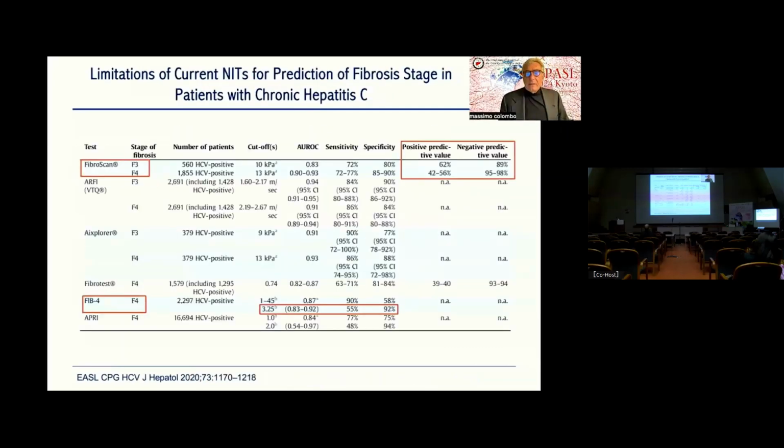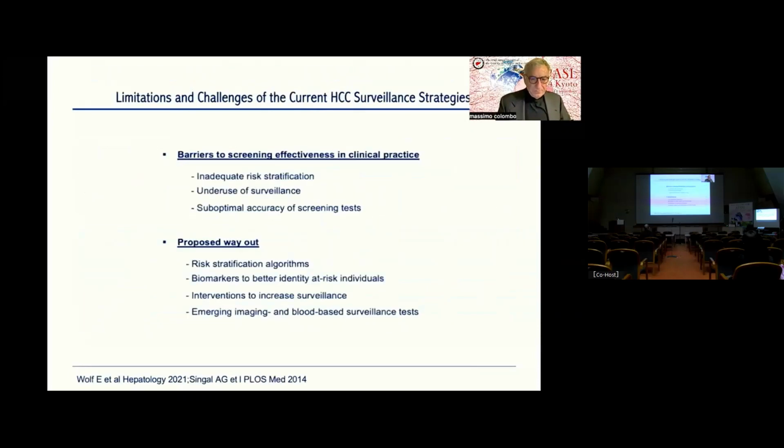However, in making the diagnosis of severe liver disease using surrogate markers like FibroScan and FIB-4, you incur a number of flaws, because these two markers have a suboptimal positive predictive value, in the range of 60% for FibroScan and 55% for FIB-4, whereas they have a good negative predictive value.